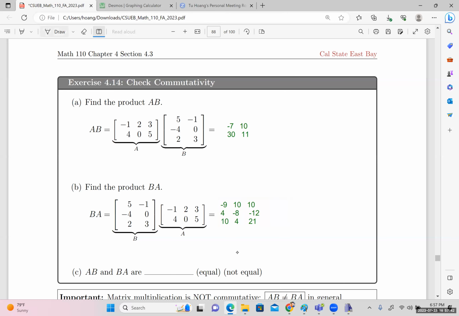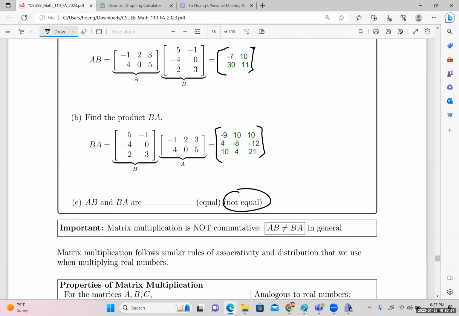So as you see, AB is not equal to BA. And the important point is that matrix multiplication is not commutative, in general.